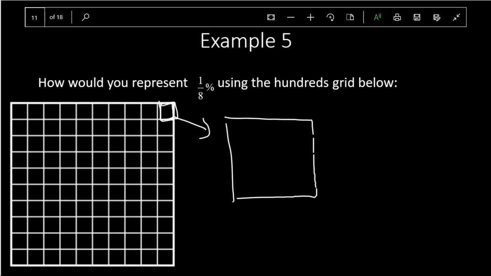So we're trying to represent 1/8 of a percent. What we have to do is split up our one square into 8 parts. So I'm going to divide it into half first, and then I'm going to have 4 on the top and then 4 on the bottom.